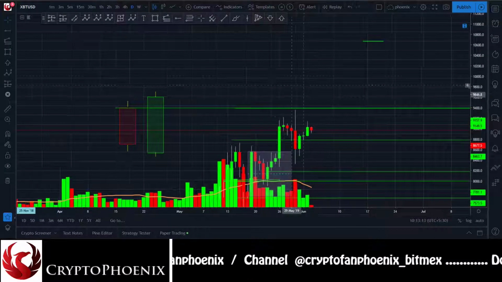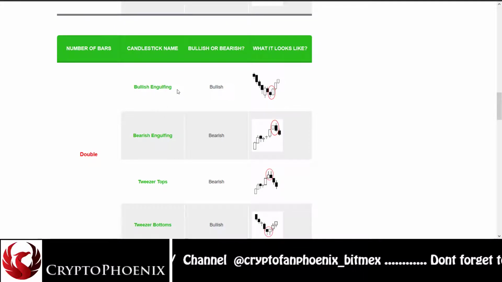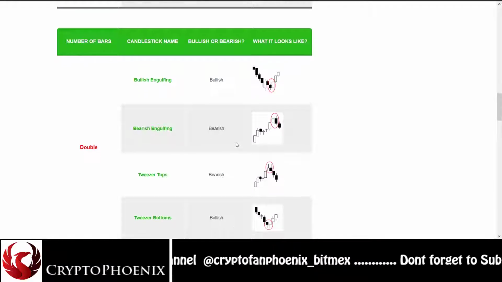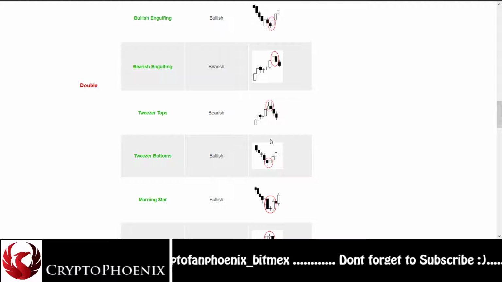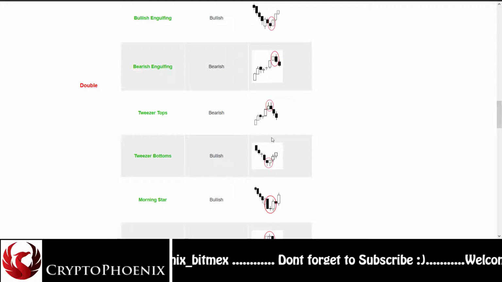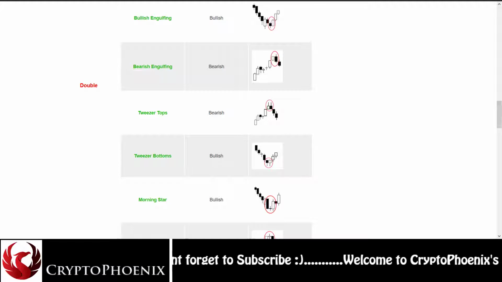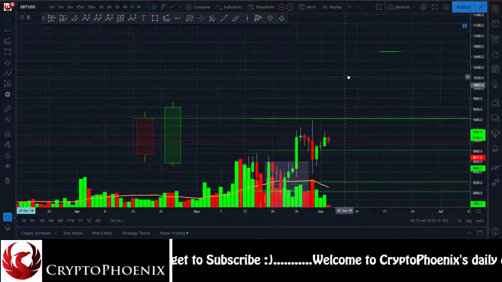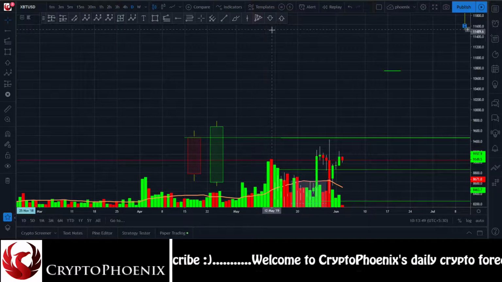Let's go ahead and discuss a few more things, because this session is actually going to be long. So this one is a bearish engulfing, this one is a bullish engulfing. Now the tweezer top. You know the meaning of the word tweezer: a tool to catch small elements, which you have seen girls use for eyebrows.